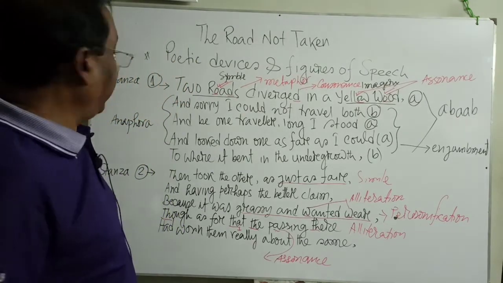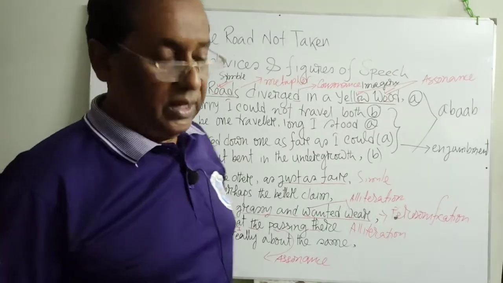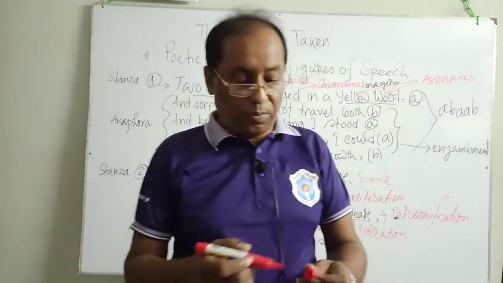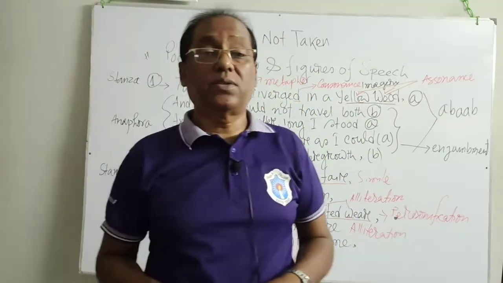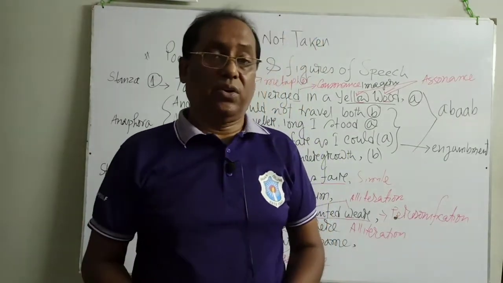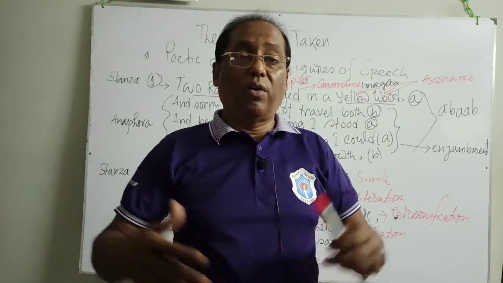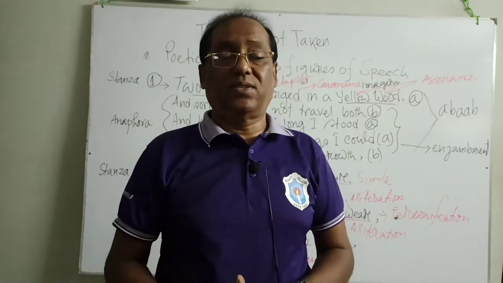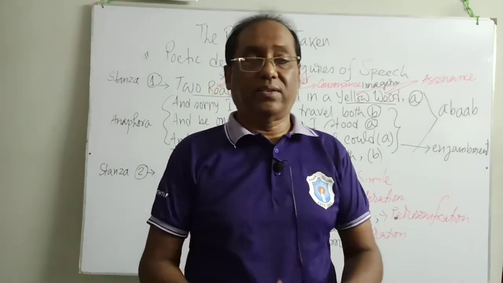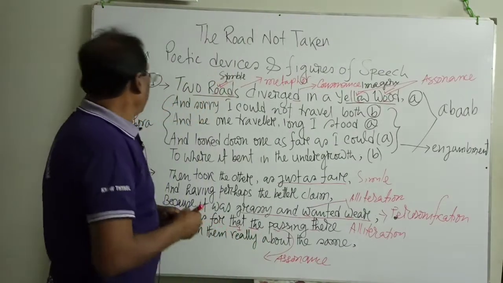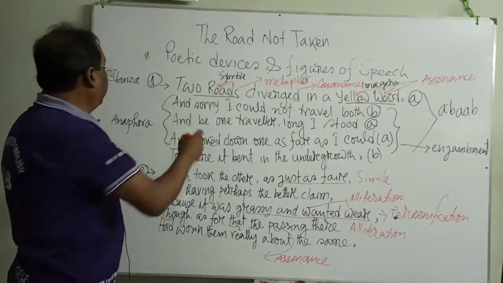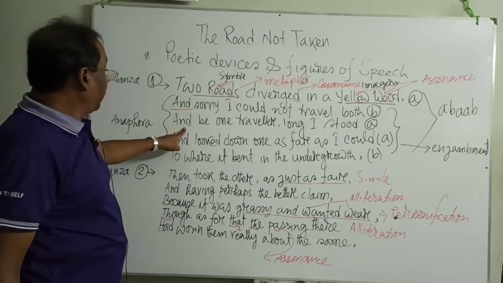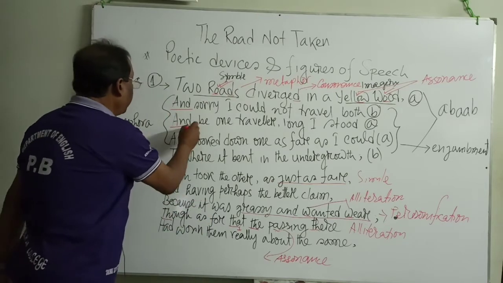Now, we also find anaphora in the first stanza. What is anaphora? Anaphora is a figure of speech, which means the repetition of the word or phrase at the beginning of successive lines, clauses, or sentences. As for example, in the second line at the beginning we find and, and in the third line the same and is repeated.